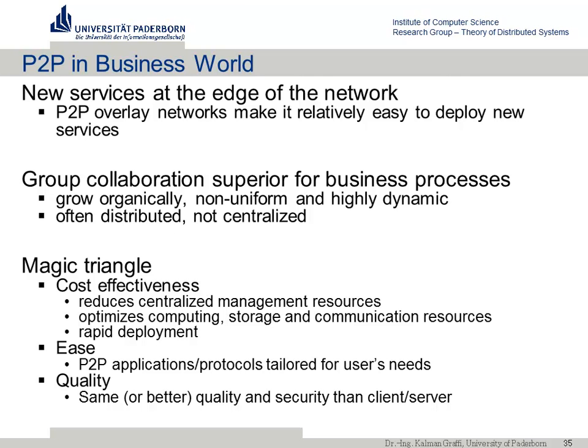It should work out of the box like Skype. Just install and everything's fine. And it should be very good, so same or better quality and security than client-server. Especially these three points are very hard to reach together. If you can make it, then you can get rich.